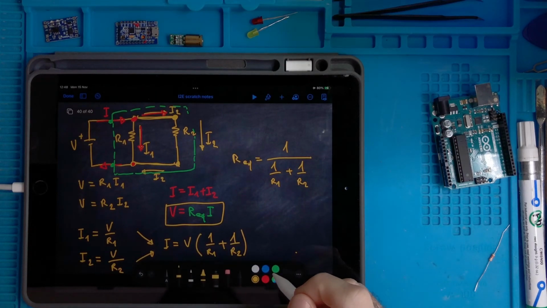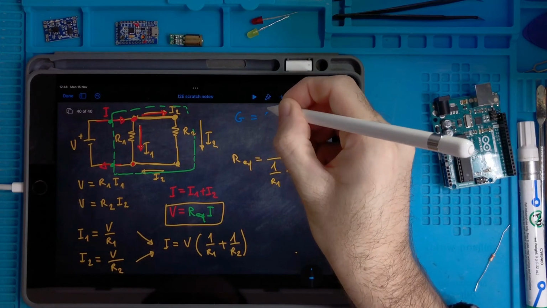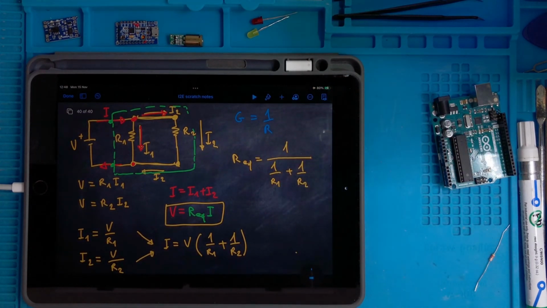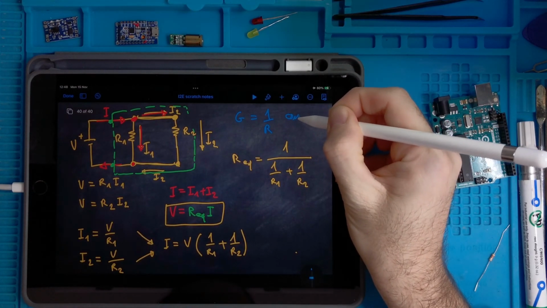Sometimes it is useful to consider this quantity G equals 1 over R, generally speaking. This thing is called conductance.